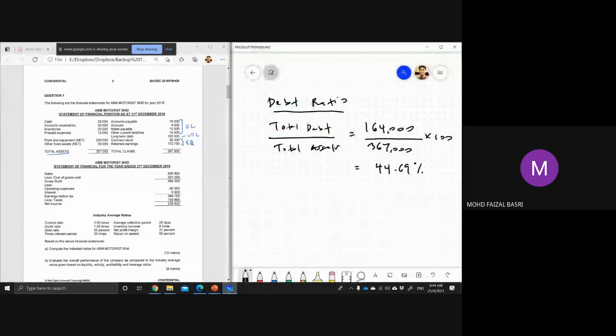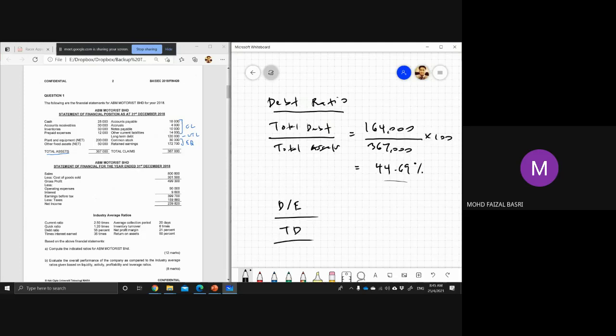For this question, we don't have any point of reference because the question doesn't ask us to calculate the debt to equity ratio. Debt ratio, yes, 55%. So in this case, the company has a better debt ratio because it is lower than the industry average of 55%. But if you want to calculate the debt to equity, DE means debt to equity.